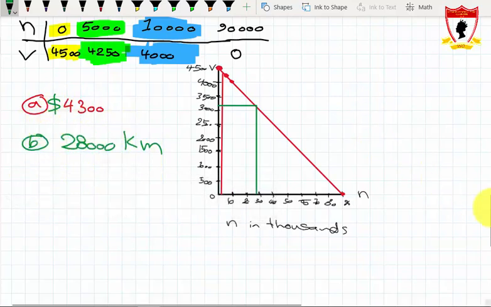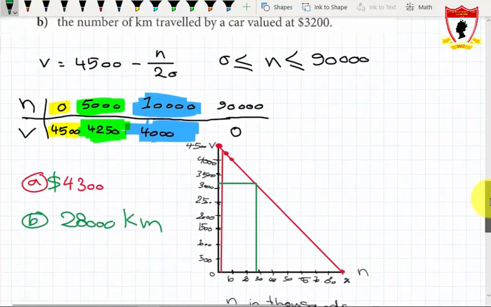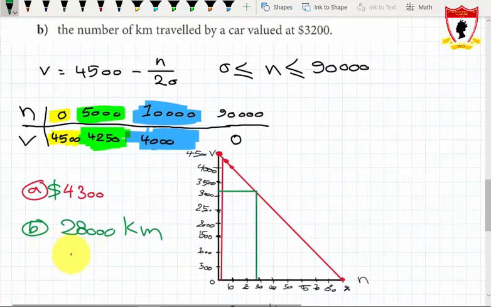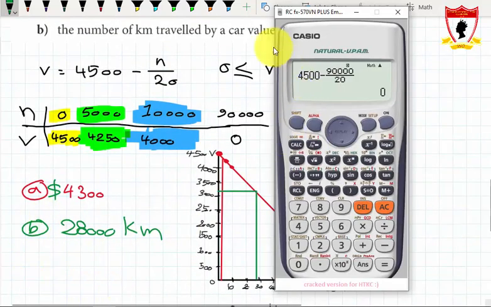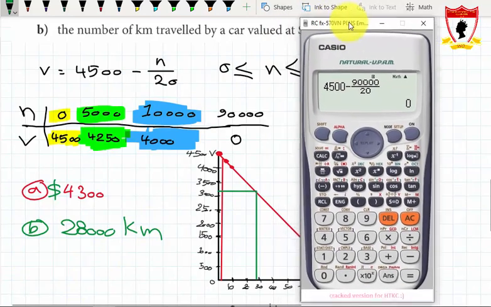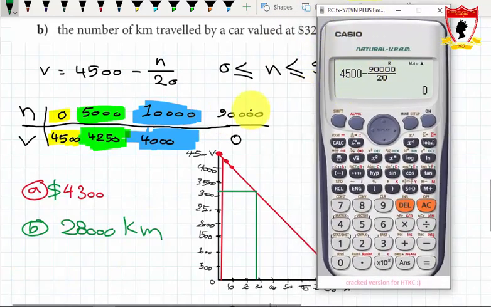Now let's use the equation to check the answer of part A and B to see how close we are to the correct answer. So this equation, 4,500 minus n over 20. For part B, the n is 28,000. Let's see, will we get something close to the cost which is given in the question?